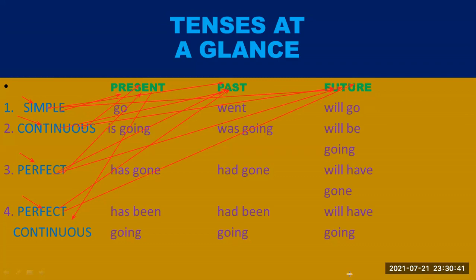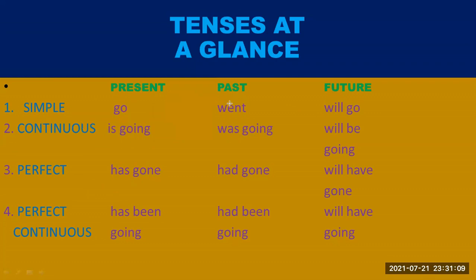And of course, we can always look at the various examples that we have here, all right? Various examples. Look at the simple present: go, continuous is going, perfect has gone, perfect continuous has been going. Then we have the past simple went, continuous was going, perfect had gone, perfect continuous had been going.